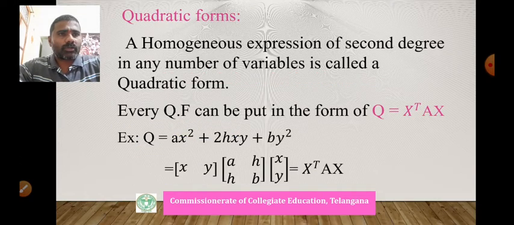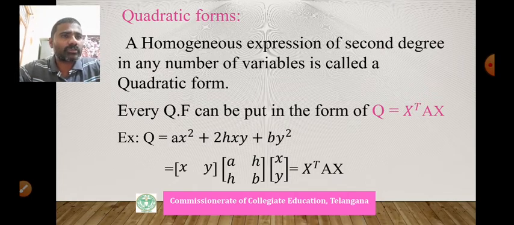Now, a quadratic form means a homogeneous expression of second degree in any number of variables, given by q equals x transpose Ax.